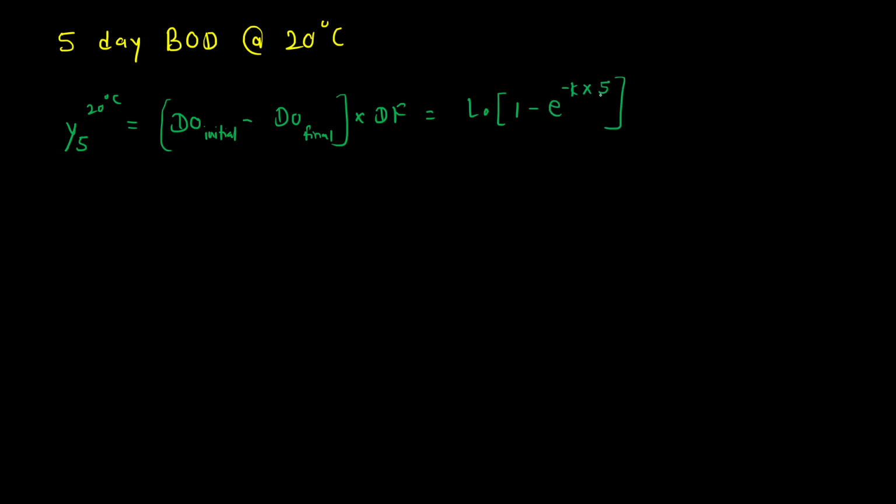Here t is 5. Okay, so instead of kt, k into 5, where k is called the BOD rate constant. So this YT at T degrees Celsius is equal to L0 into 1 minus e to the power minus kt into t.